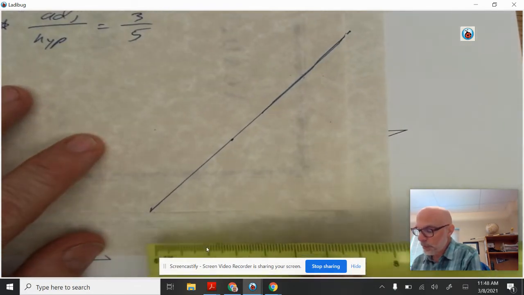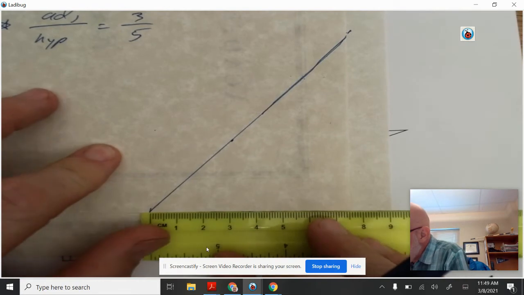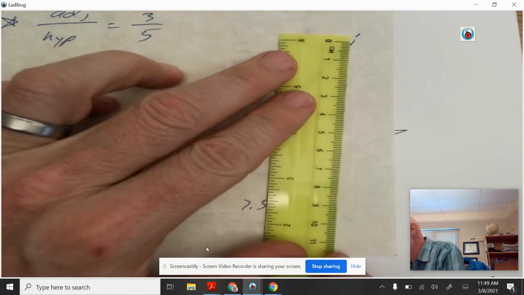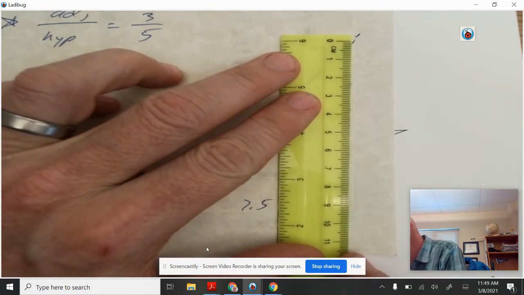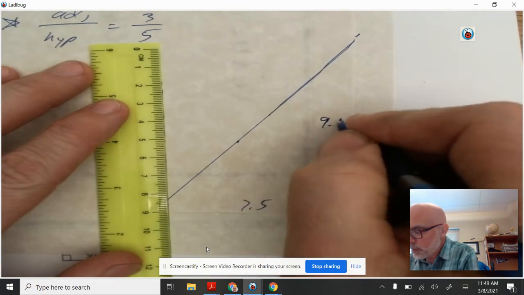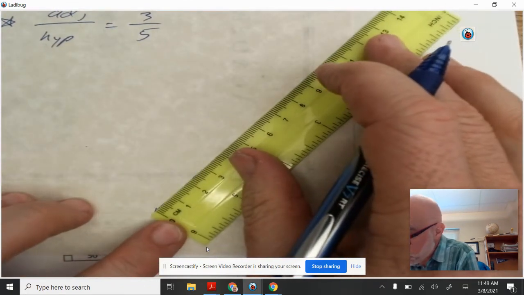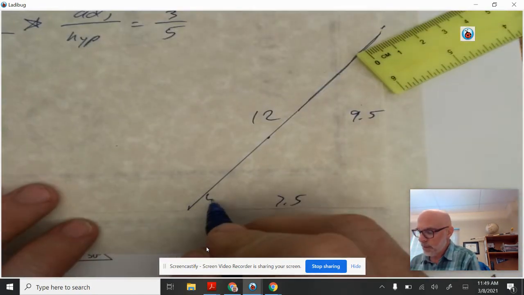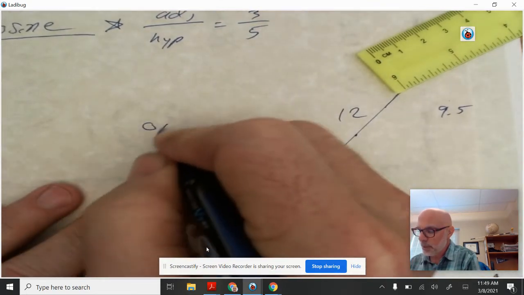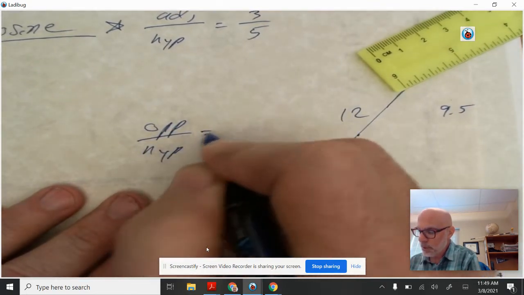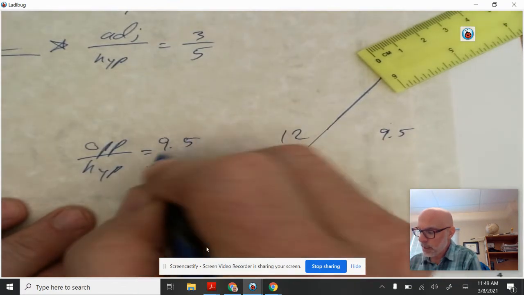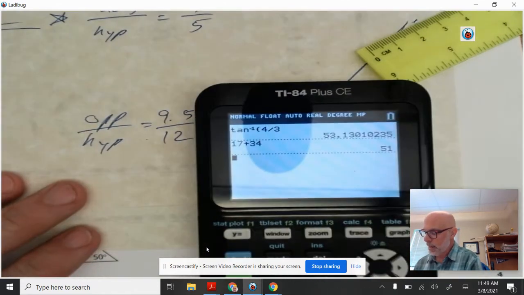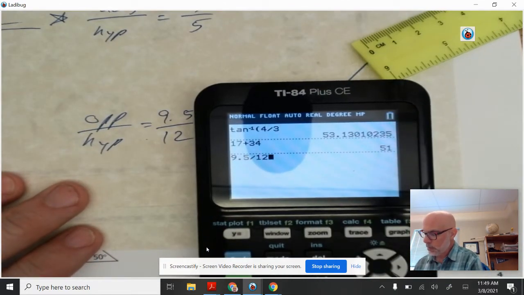But we could measure the opposite, that would be 9.5, and compare it to the hypotenuse. Now we know the hypotenuse should be bigger. Okay, it looks like it's right at 12. So if I set that at 52 degrees and I'm saying the opposite compared to the hypotenuse is 9.5 over 12.